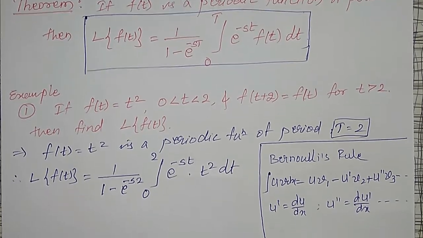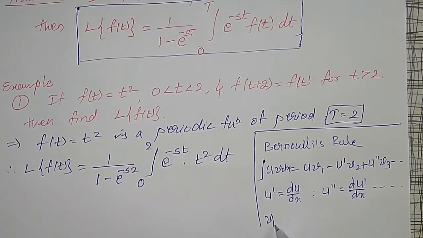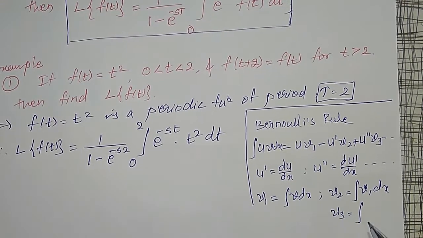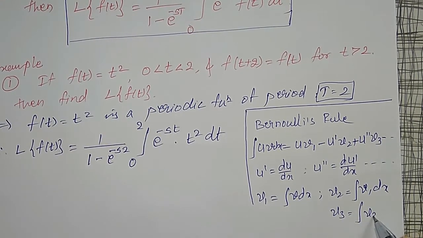Whereas v1 is nothing but integration of v dx, and v2 is integration of v1, whatever answer you are getting, that you have to integrate, v1 dx, and v3 is integration of v2 dx.